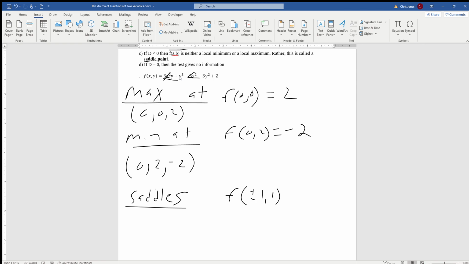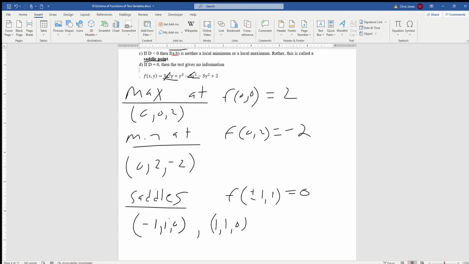We get 1 plus 2, and then -3, so it should be 0. It should be that we have a saddle point right on the z-axis. We'll check that out in a few moments. So we have saddle points at -1, 1, 0, and 1, 1, 0.